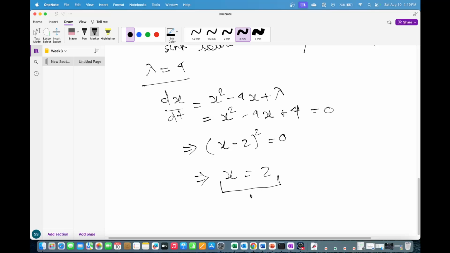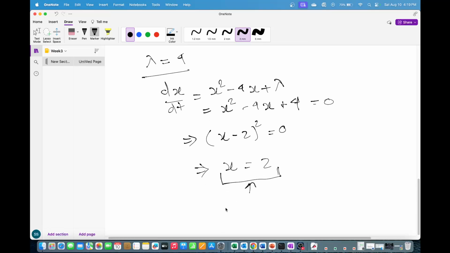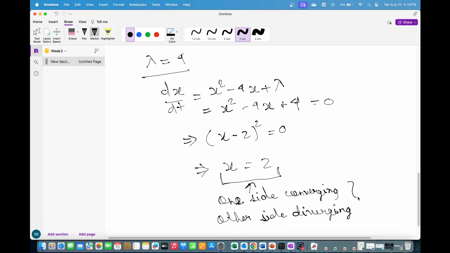From one side it is converging, and the other side is diverging. This is what is known as a semi-stable state.